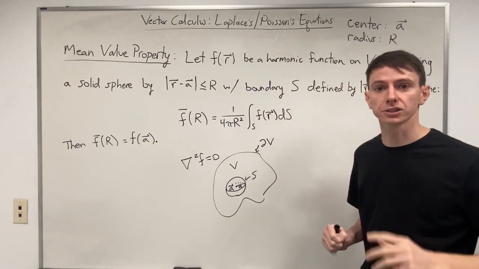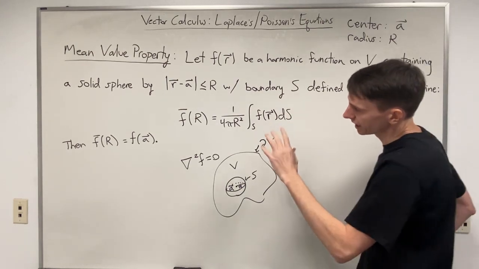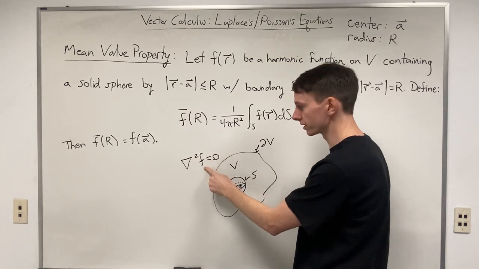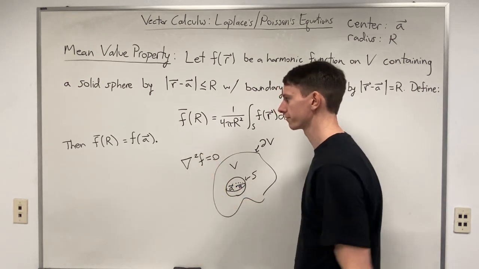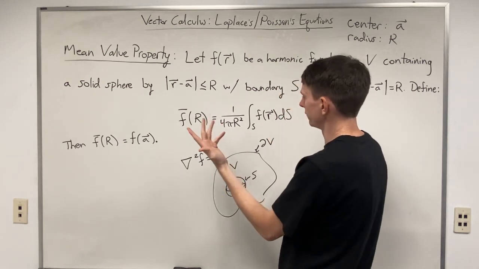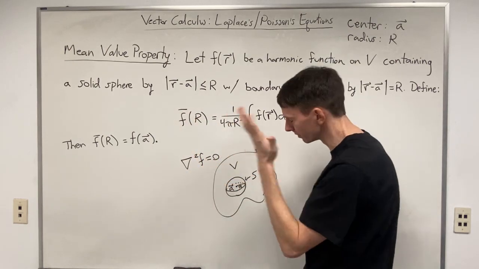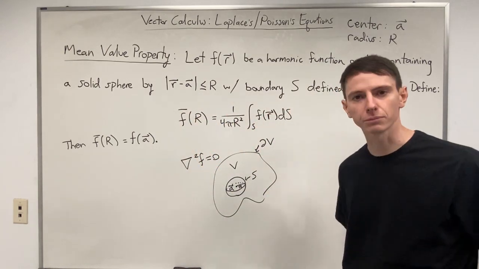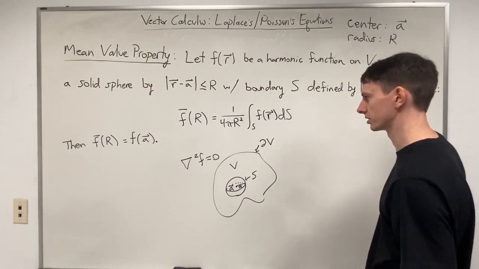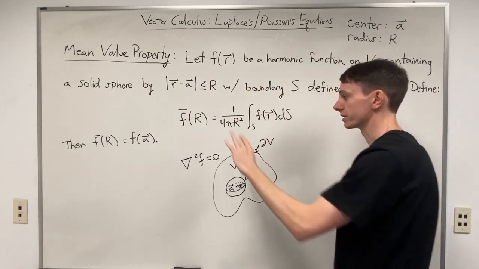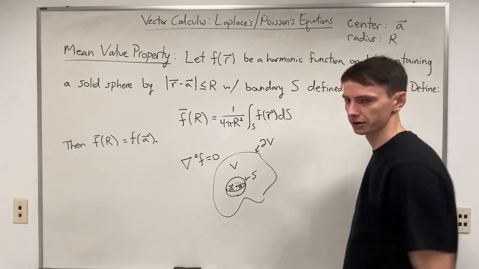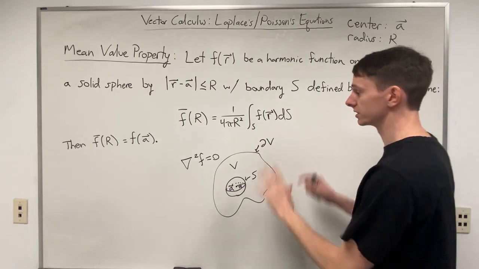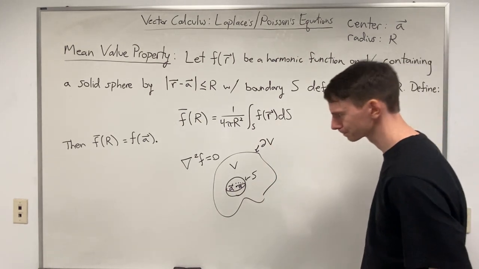That would be the flux of a vector field. But in this case right here, the function f is itself a scalar function. Notice that we don't have an arrow over f. Admittedly, this looks kind of confusing because we have a bar over f, but f is a scalar function, so it doesn't make sense to be talking about the flux of a scalar function. So this is not the flux right here. This is just the average of this quantity. All right. So hopefully that part makes sense too, because that can be a little bit confusing.